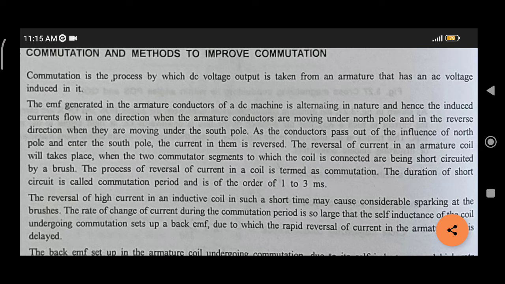Which one is the AC voltage? The flux inside the machine induces the EMF, and that EMF is AC, and from the commutator we take the DC voltage output.